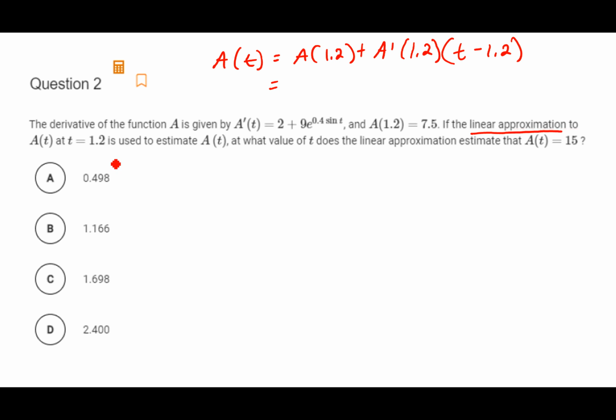Okay, a of 1.2, they tell me, is 7.5, so there's nothing I need to do with that. A prime of 1.2 I can calculate because they give me my a prime formula. So a prime of 1.2 is 2 plus 9e^0.4 times the sine of 1.2.